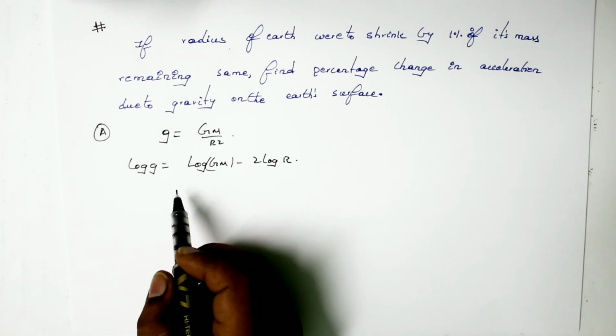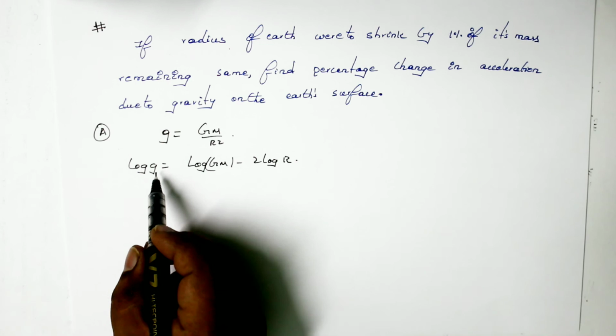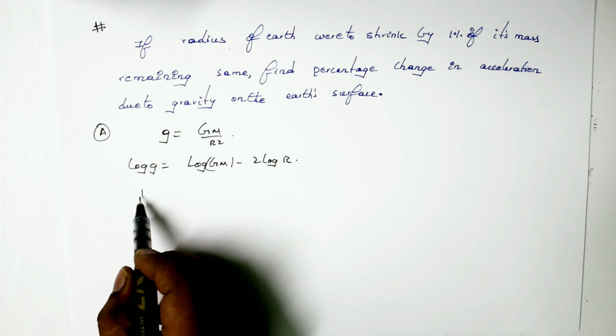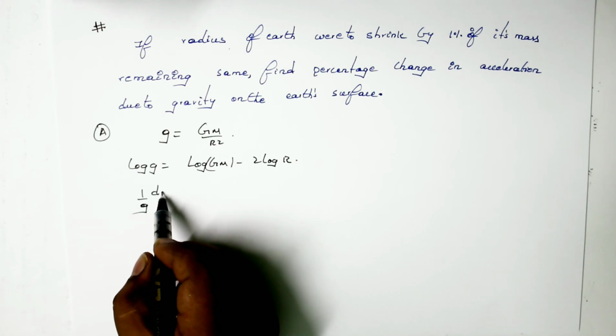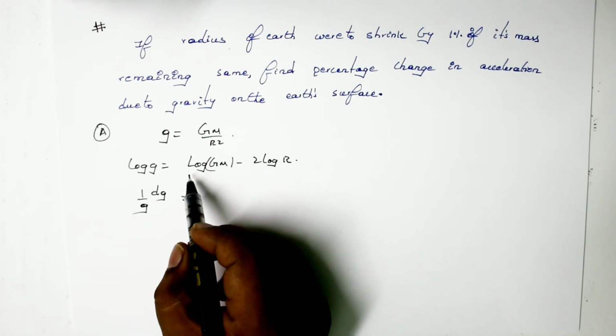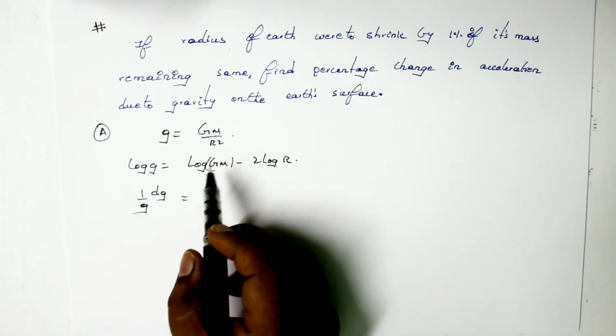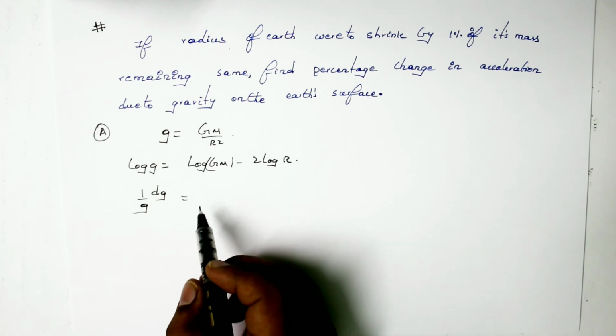Now if I differentiate this, differentiation of log x is 1 by x, so 1 by g, but g I have not differentiated, so I will write dg. This is totally a constant, so its differentiation will become 0.